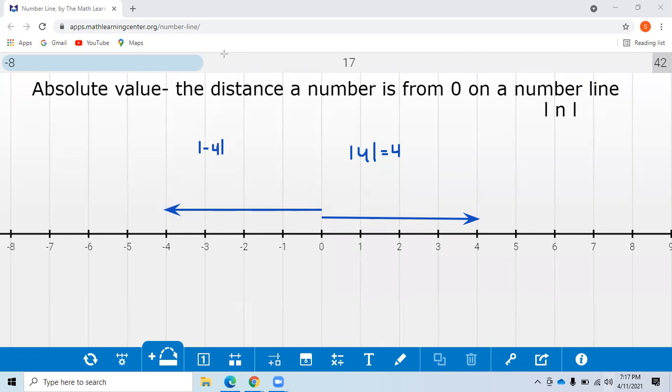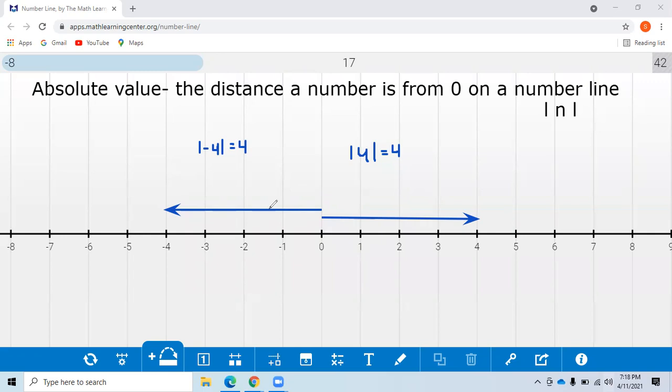So the absolute value of -4 is also equal to 4. Our arrows are the same length. Notice that we are looking at the distance the number is from 0 and not the direction.